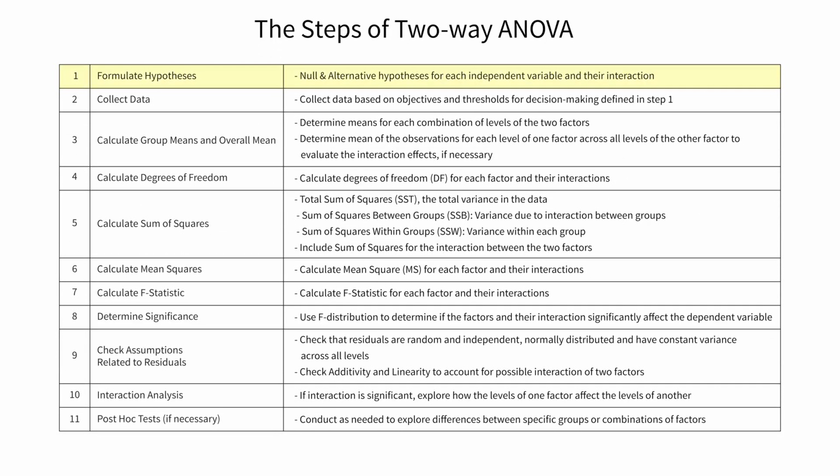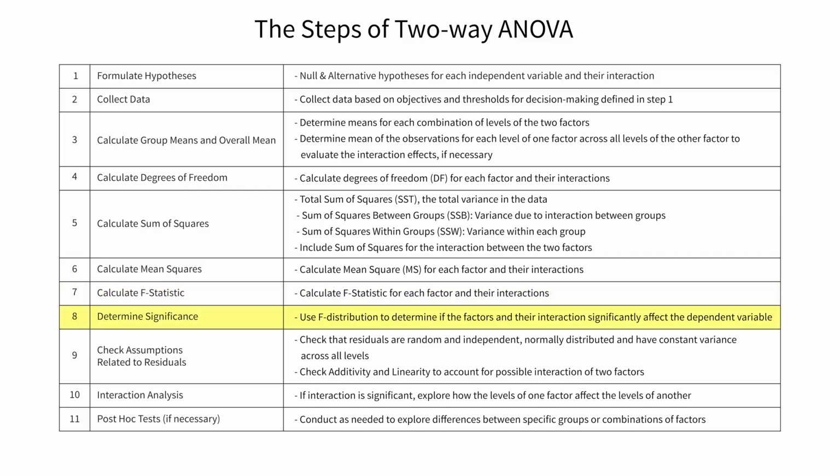We use the two-way or two-factor ANOVA when there are 2 independent variables. There are 10 steps to conducting an ANOVA, and if necessary, an 11th step. These are to formulate the null and alternative hypotheses for each independent variable and their interaction, calculate the means for each combination of levels of the 2 factors, and for each factor and their interaction, we calculate the degrees of freedom, sum of squares, and the mean squares, and the F-statistics.